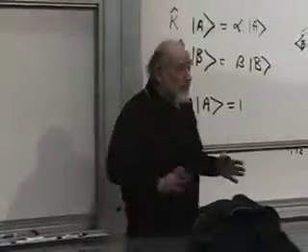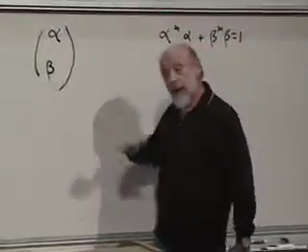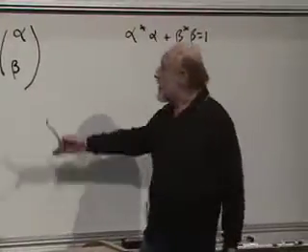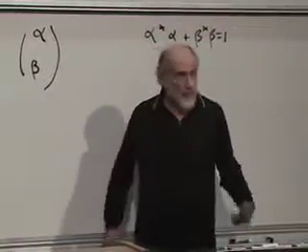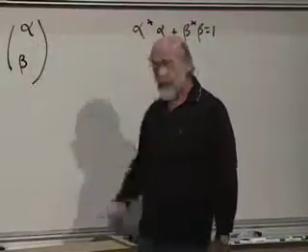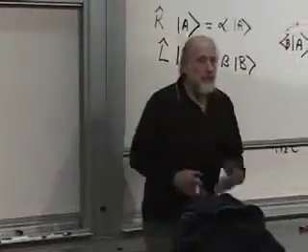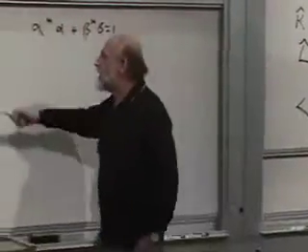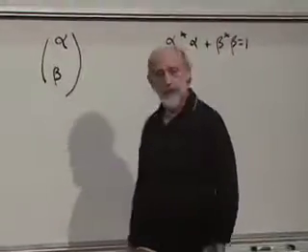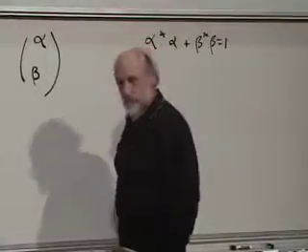I can always multiply by the appropriate phase. You have to multiply the top and the bottom by the same phase. But we can always choose to make the upper component real by multiplying by the appropriate phase to get rid of the complex part of alpha here. So we could always choose alpha to be real.